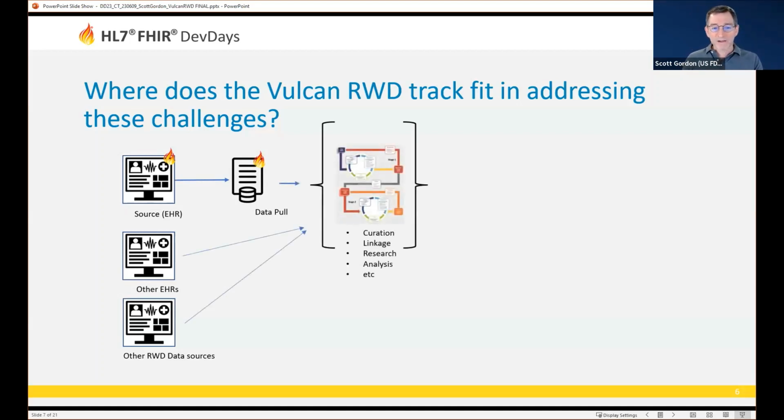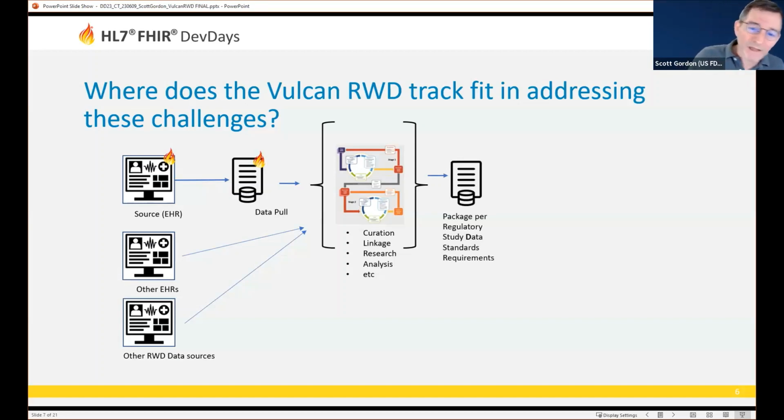In reality, there'd probably be pulls from various information sources and various steps in the data making its way to a researcher. That's all hugely summarized in this middle bit, where many things happen: steps in curation, linkage of different data sets, and then the actual research and analysis based on the curated data sets.